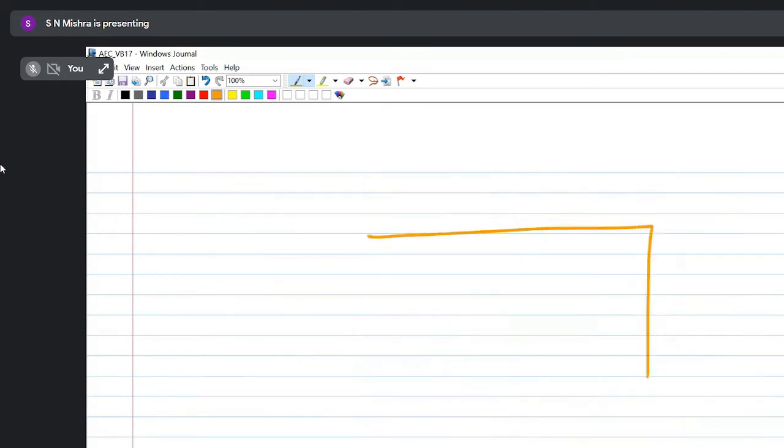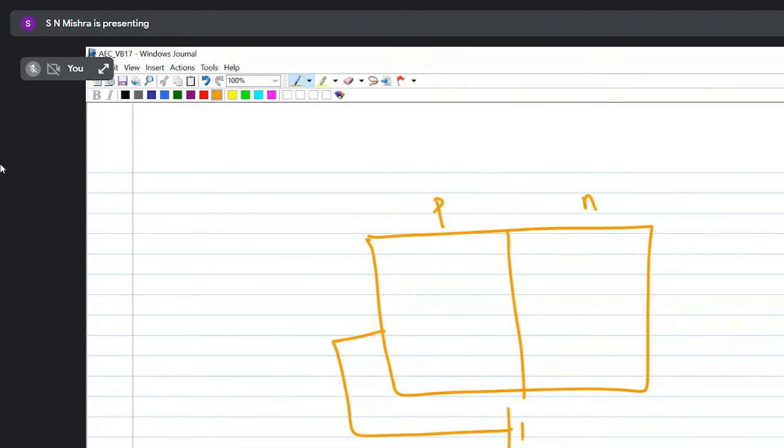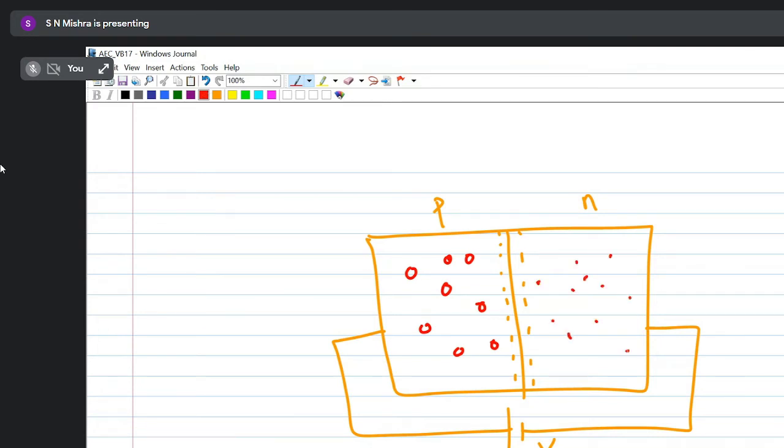If I take a PN junction here, PN, I'll forward bias it. What will happen? Initially there is some depletion region, then the depletion region will erase. Then what will happen? The holes are present here as majority carrier and electrons are present here as majority carrier.